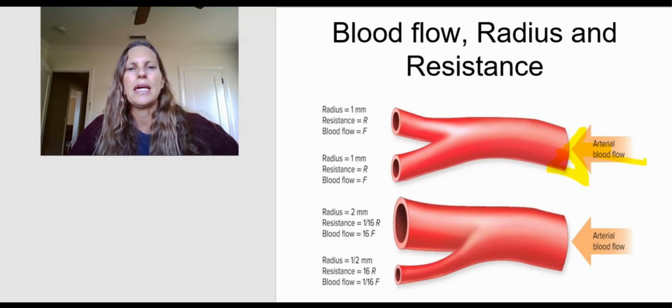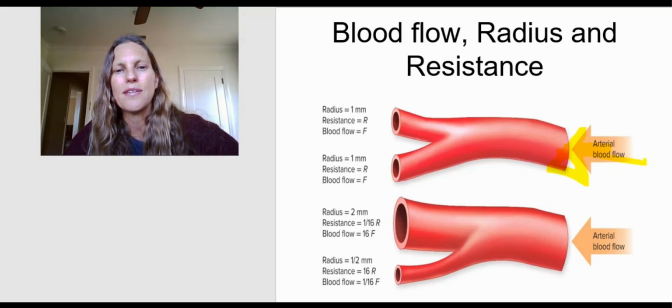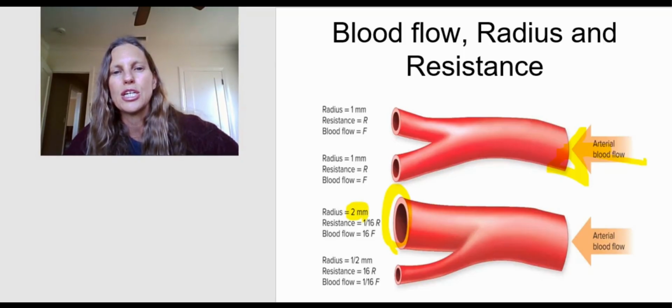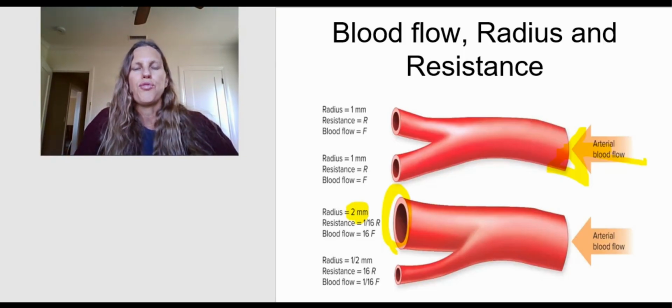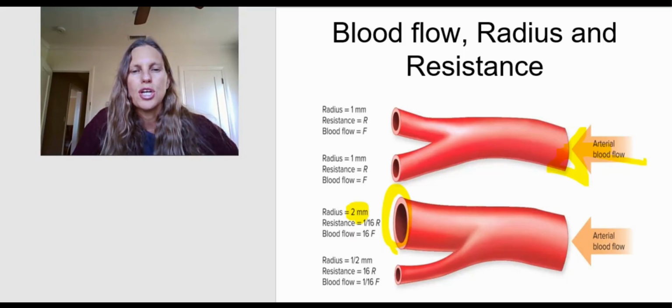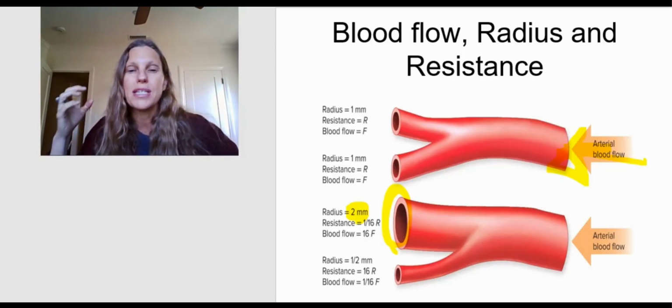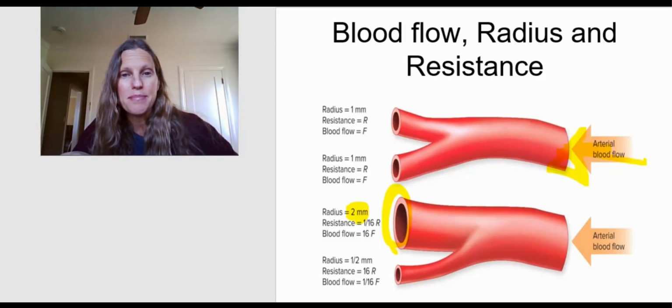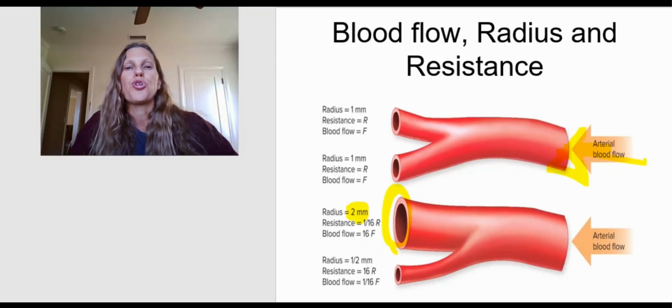Now, if we increase the radius of this tube, this one up here at the top, from 1 millimeter to 2 millimeters, the resistance goes down, and the blood flow goes up.